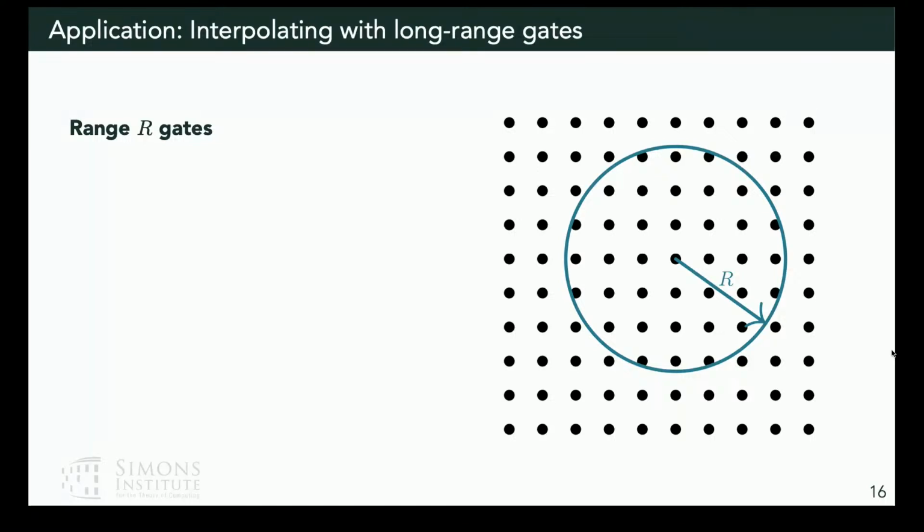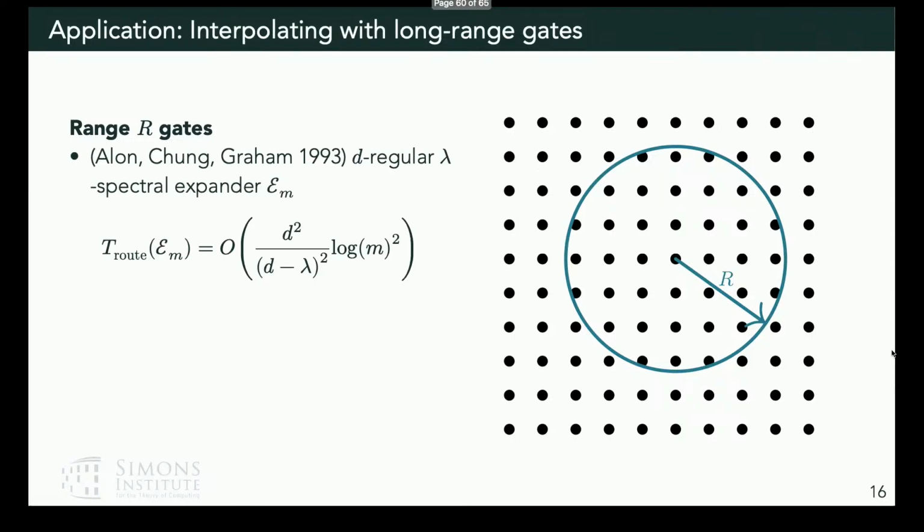We can exploit this fact and fully tune between these two regimes. So we imagine that we have this range R that we can do the gates.